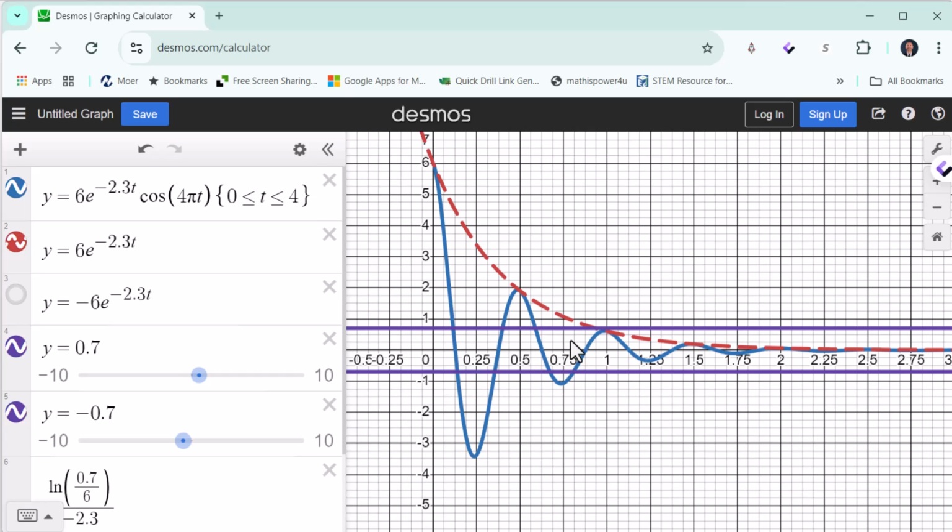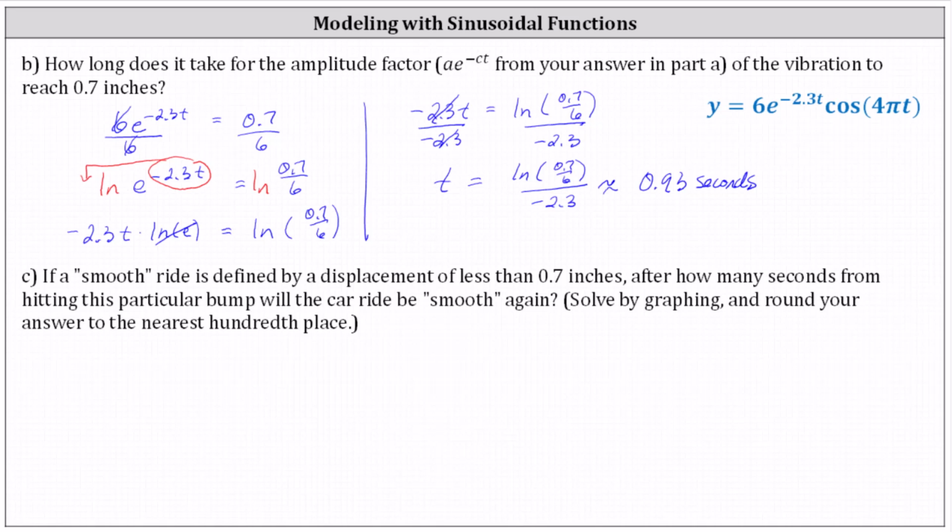Well, this rightmost point of intersection here is the last time where the absolute value of the displacement equals 0.7, which means any time after this, the absolute value of the displacement will be less than 0.7, and the ride will be smooth again. Rounding to 2 decimal places, we have x equals 0.81, which means after 0.81 seconds, the ride will be smooth again.